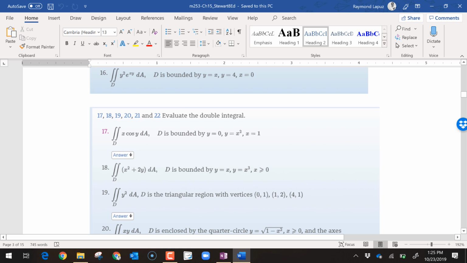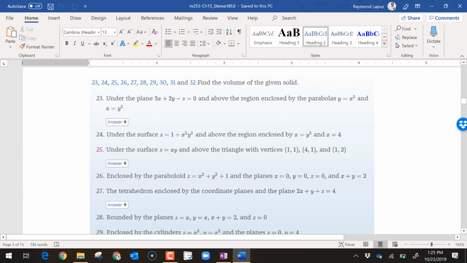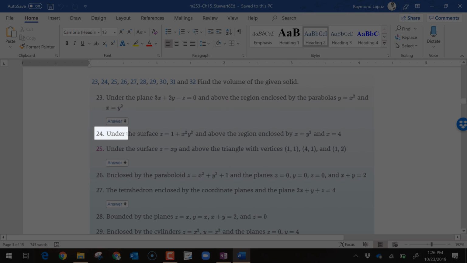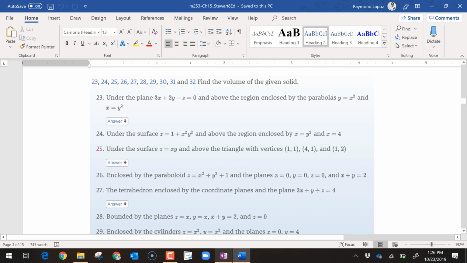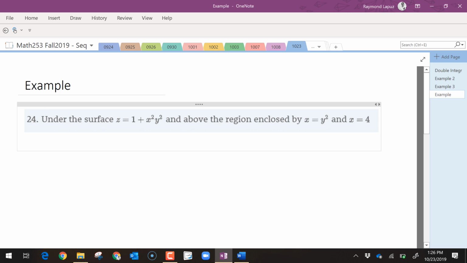Let's do another one. Much like area under the curve, the single integral is like the area under the curve.